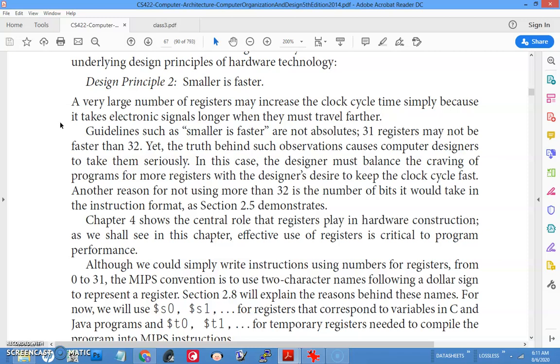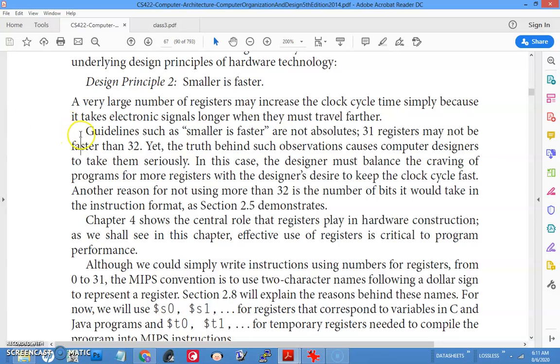But you can expect some improvement if you cut it down to 16. So figures which are above 16 and less than 32 may not make much difference. These are not absolute principles that an instruction with 32 is faster and 33 and 31 are slower. That does not make sense.